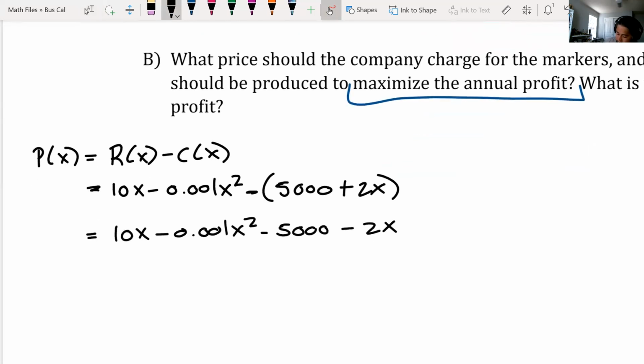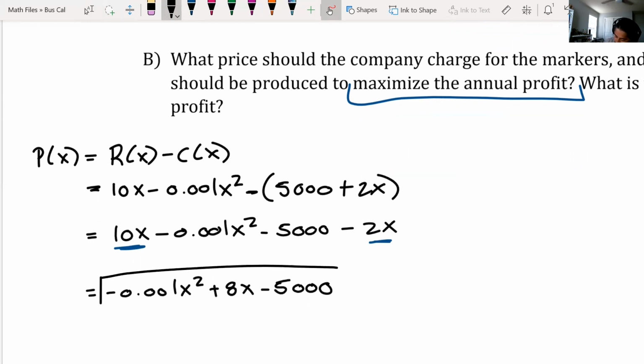Combine like terms. And I'm going to write it with the highest power first. That x squared comes down. And then you can put the 10x and the 2x together, which will give me 8x. And then last is that 5,000.